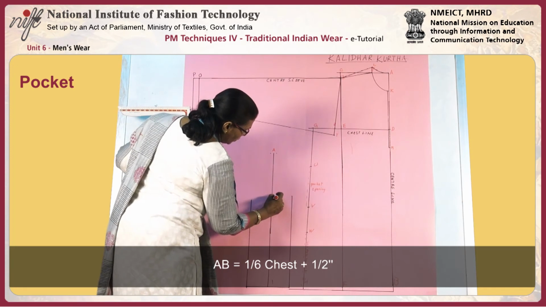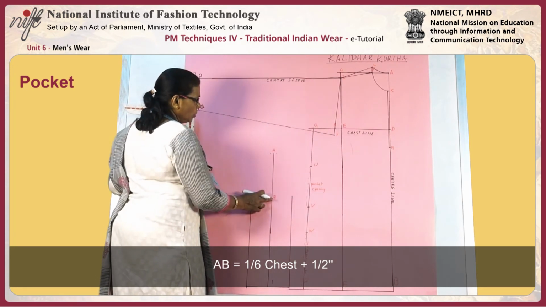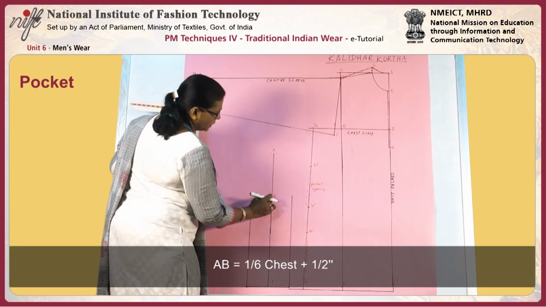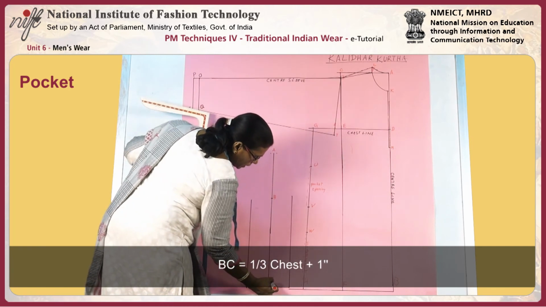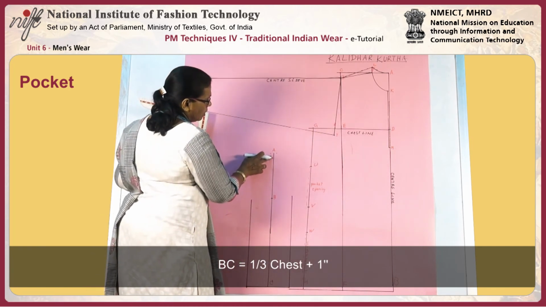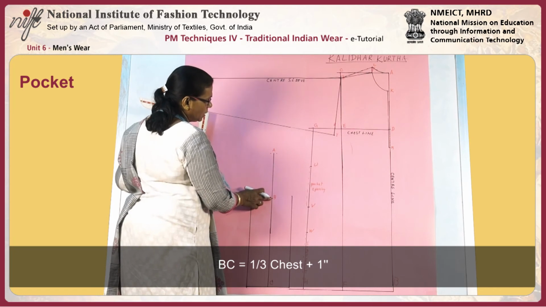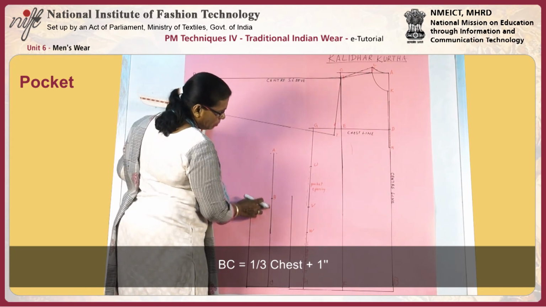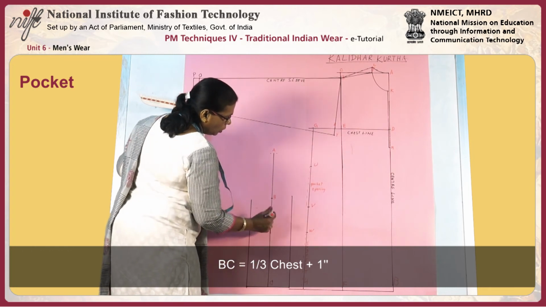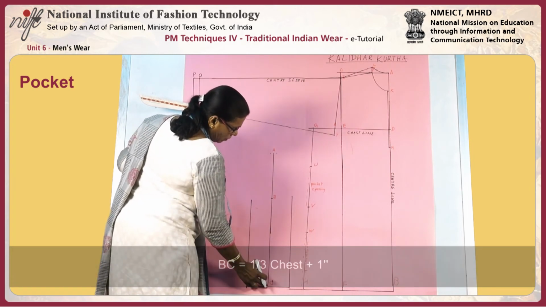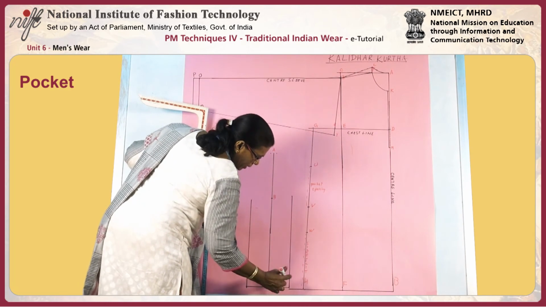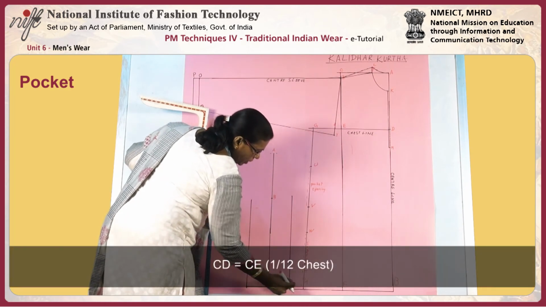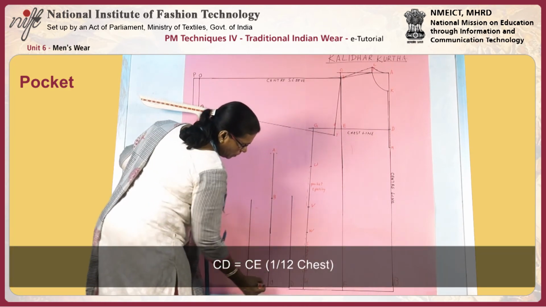AB is equal to pocket mouth plus 1/2 inch. BC is equal to pocket mouth plus 1/2 inch, or chest by 6 plus 1/2 inch. BC is equal to chest by 3 plus 1/2 inch. And CD is equal to chest by 12.